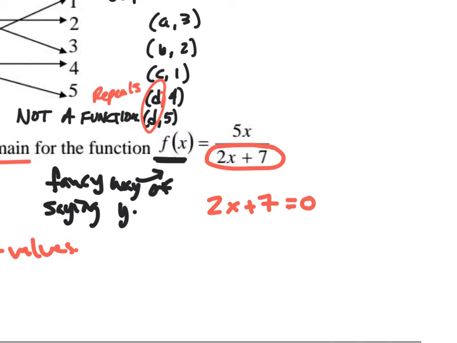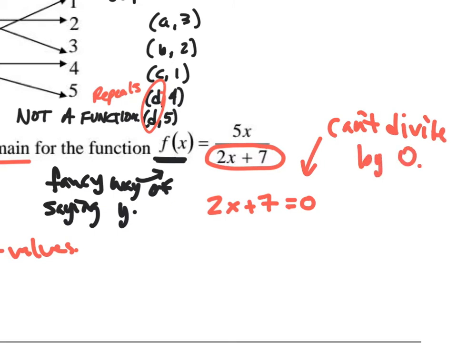There's a reason why. I want to find the value that will make this undefined, because you can't divide by 0. So I'm finding the value that's going to make this denominator 0, and I do that by setting it equal to 0.